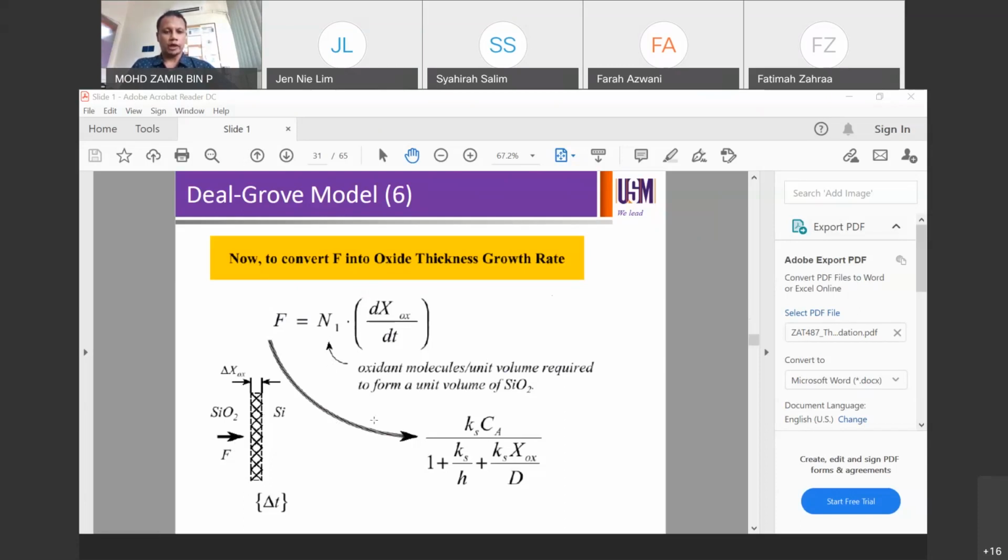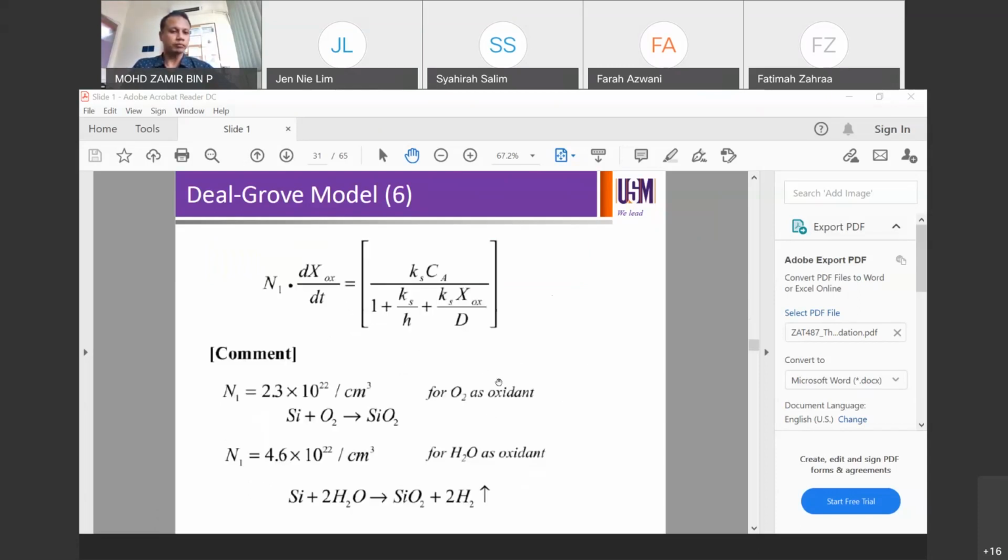Okay, so N1 there in the equation is given by oxygen molecules available per unit volume of material in order to form SiO2. So you need to times d/dt because it's time dependent, and times the oxide thickness. Okay, so your N1 value will be different if you use dry ox or wet ox process.